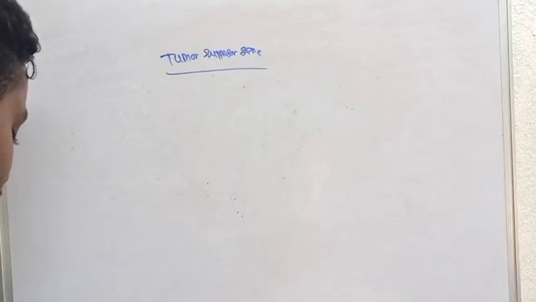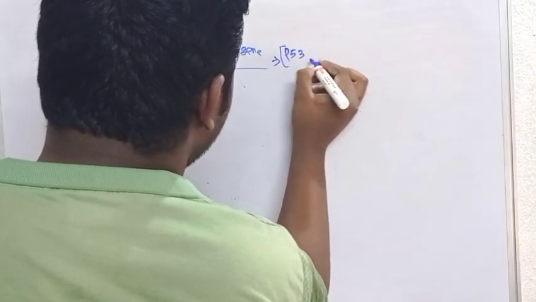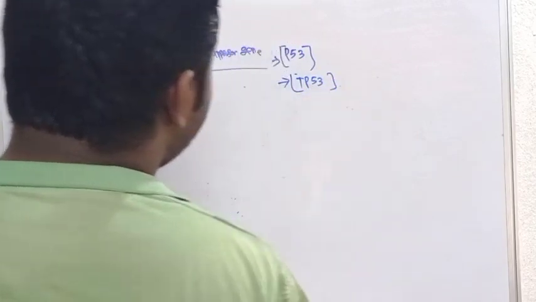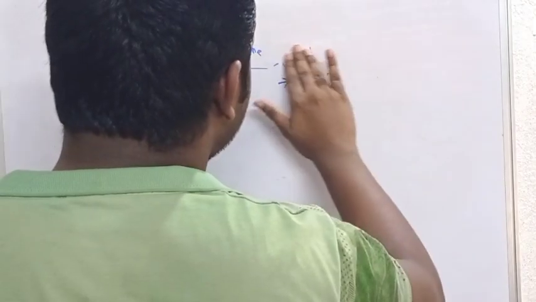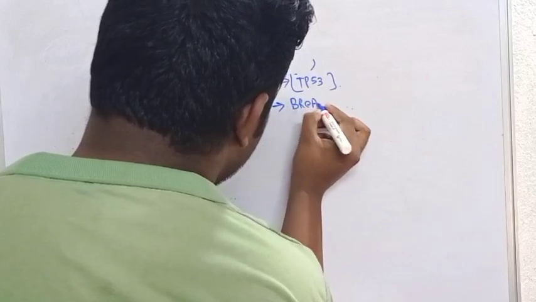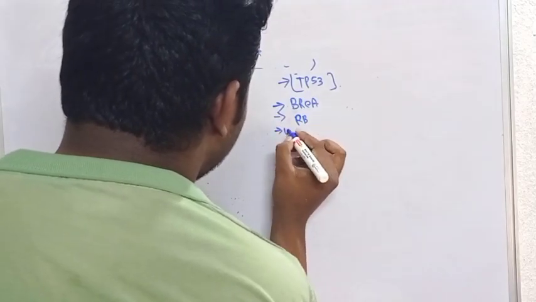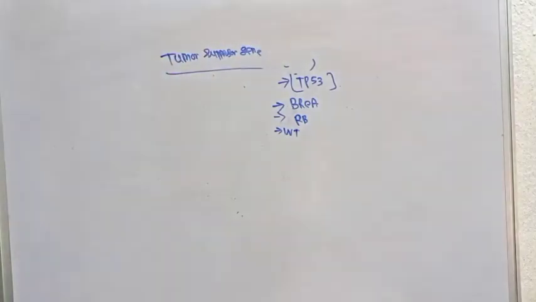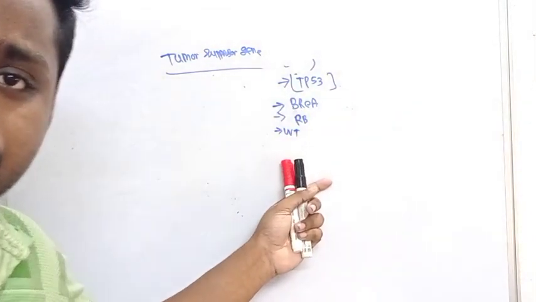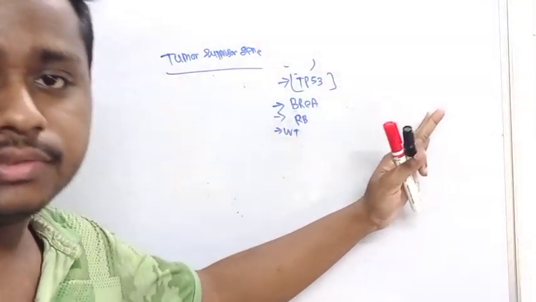The most important tumor suppressor gene is TP53. Another is BRCA, the breast cancer gene. Another is the RB gene. Other genes are WT, Wilms tumor related factor, APC, PTEN, and SMAD4. These are the different kinds of tumor suppressor genes.